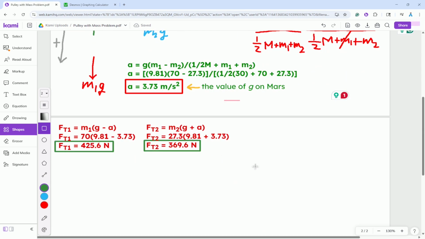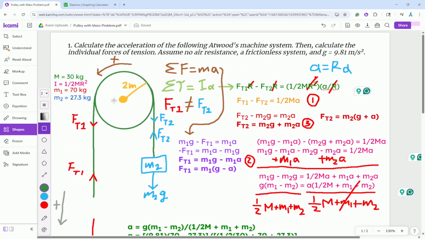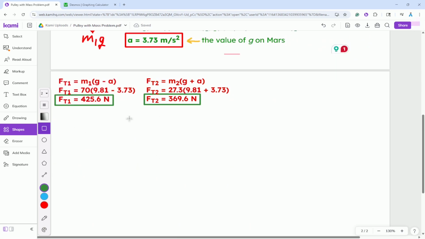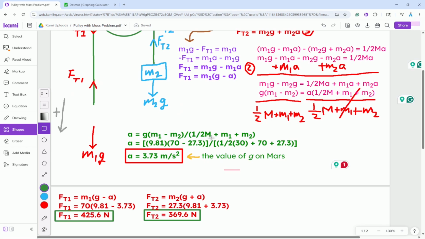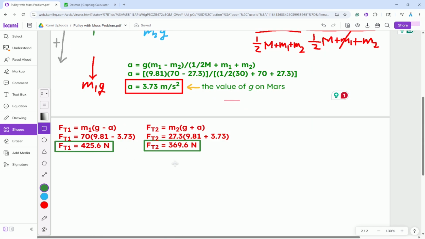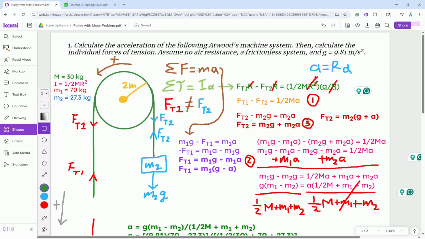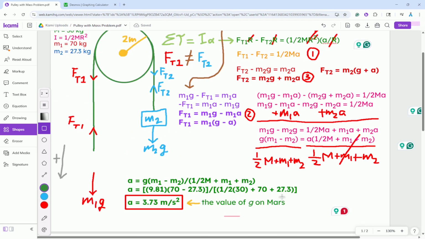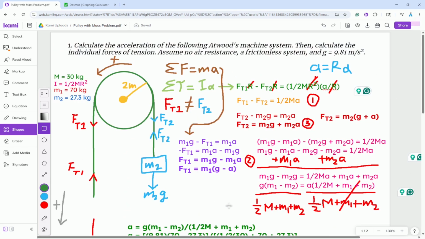And this just shows that when you have a pulley that has mass, the forces of tension, which I already said in the beginning, are not equal. Numerically, you can see that they are not the same number. And yes, we assume no air resistance or friction in the system, and that g is 9.81 meters per second squared.